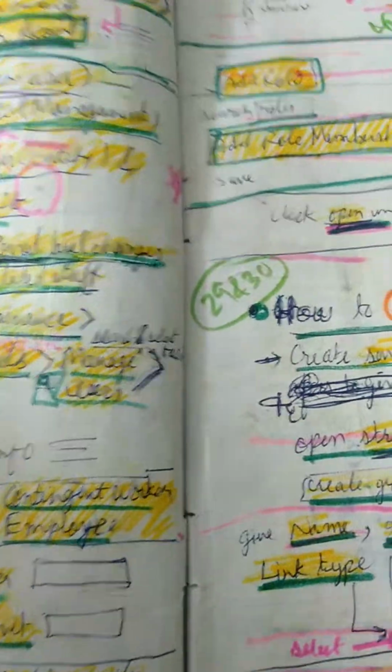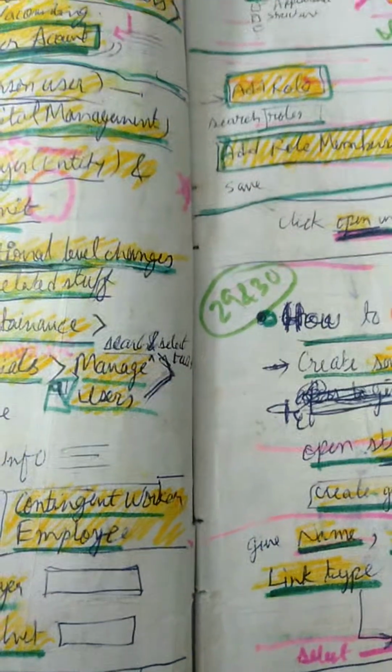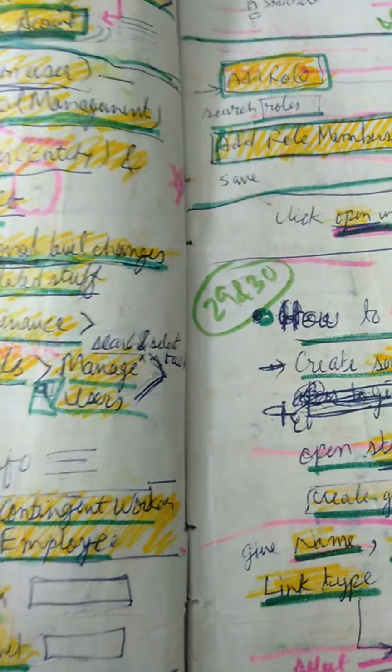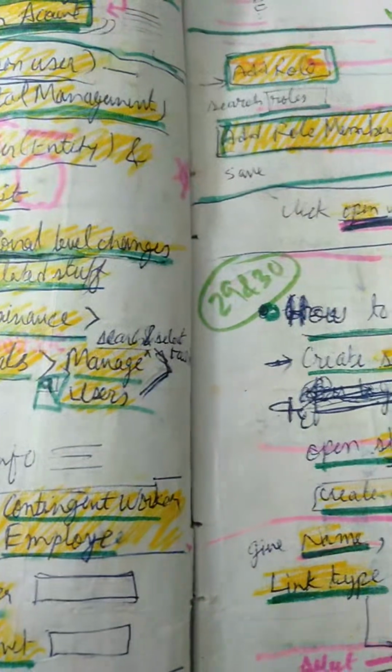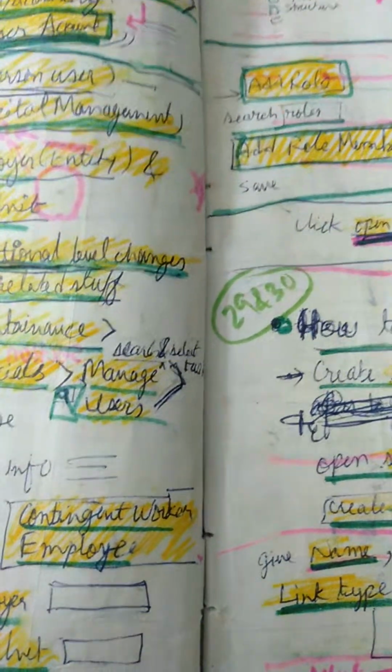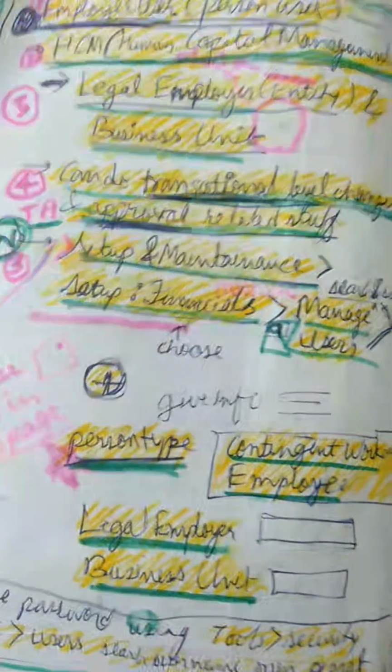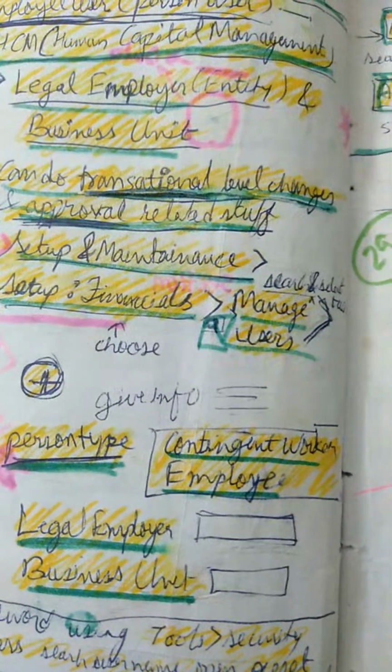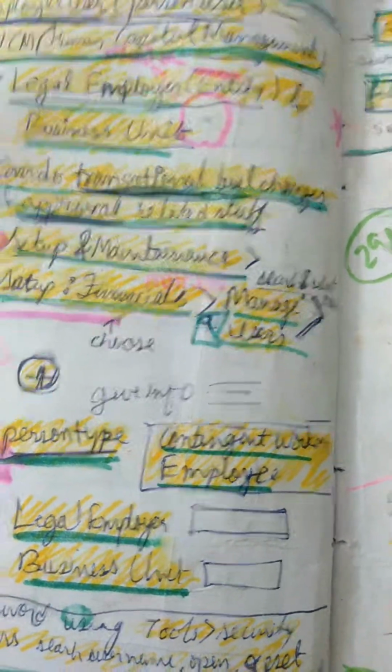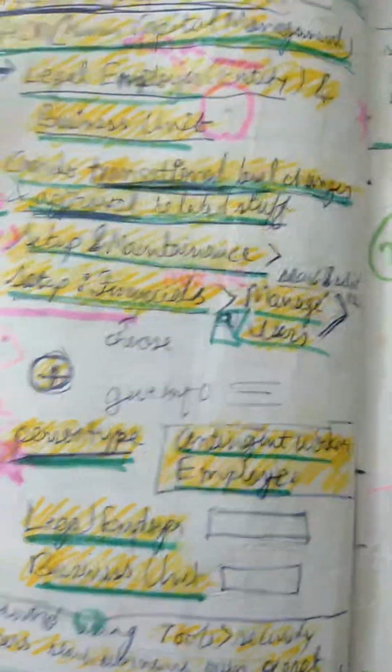Now for an employee user I need to give three things. First is person type. Person type values are employee or contingent worker. Second are two details: business unit and legal employer.